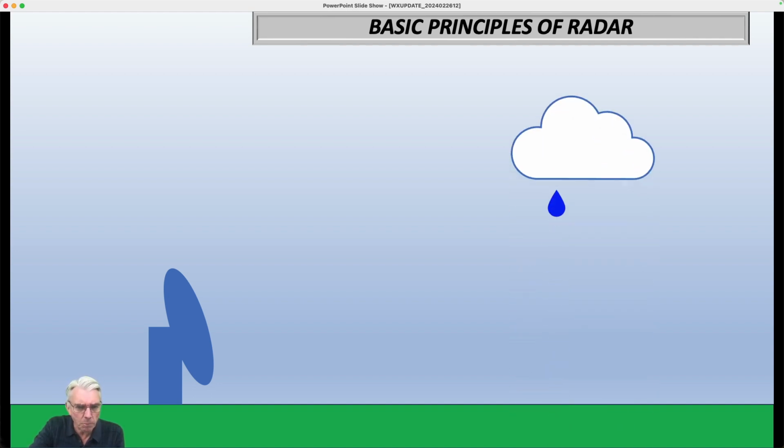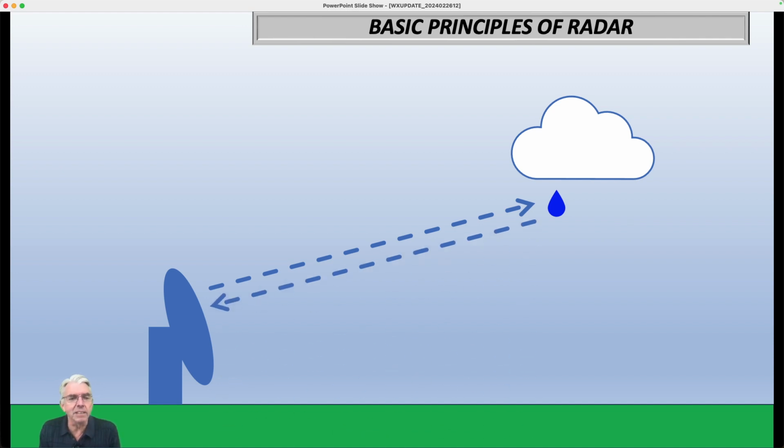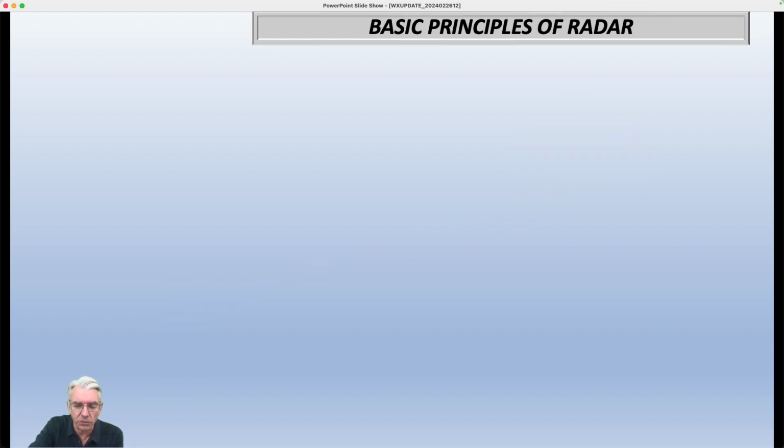So here is a cloud with a raindrop falling out of it, and so the pulse comes out of the radar and hits that raindrop and says, oh, I found something out here, let me go back and tell my dad, the radar, what I found. And so it comes back, and again, because we know the speed of the pulse and we know how long it took to go out, hit the raindrop, and come back, we can figure out how far away the raindrop is.